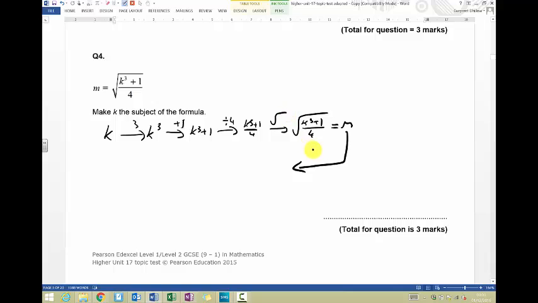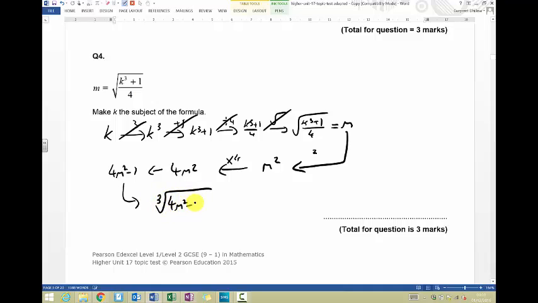So undo the square root, so we square, so that's m squared. Undo the divide by 4, times by 4, it's 4m squared. Undo the add 1, so subtract 1. Then undo the cubing, which is the cube root. And that way, we must have got from m back to k.